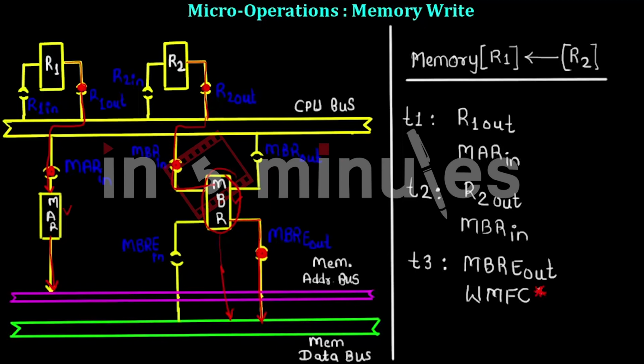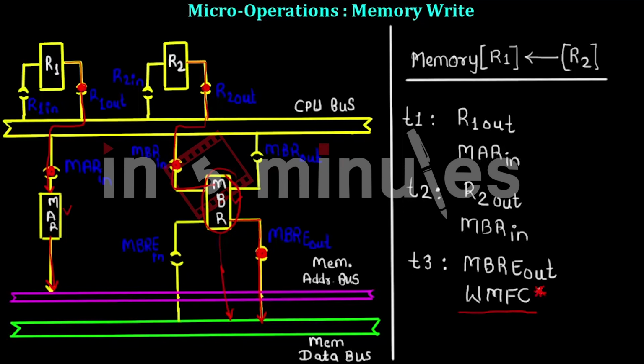Now again here the WMFC signal is used to terminate the T state, because WMFC is nothing but the wait till memory fetch is complete control signal that is present in the CPU. It keeps the CPU in the same T state till a certain condition is satisfied.